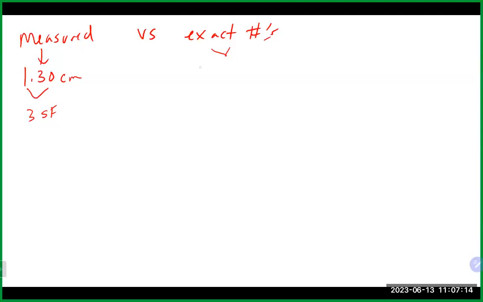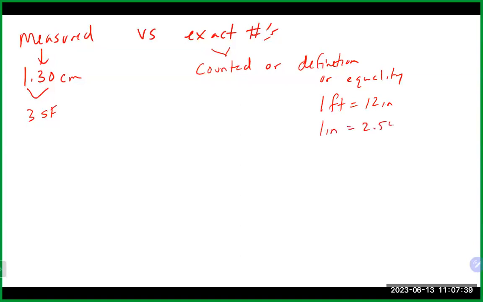It is essentially something that's either counted, or something that's a sort of definition, or an equality, like 1 foot is 12 inches, 1 inch is 2.54 centimeters, something like that.